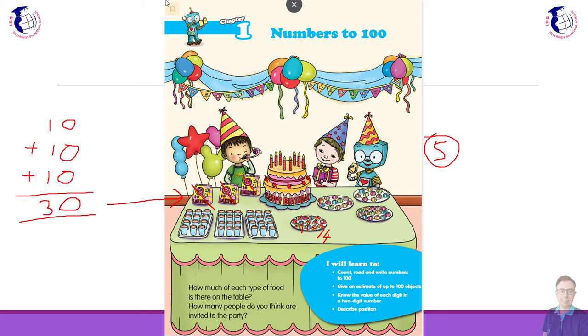How many have we got on this next one? 1, 2, 3, 4, 5, 6, 7, 8, 9, 10, 11, 12. 12 on this plate. 10 on this plate. And 15 on this plate. So we need to add those 4 numbers together.